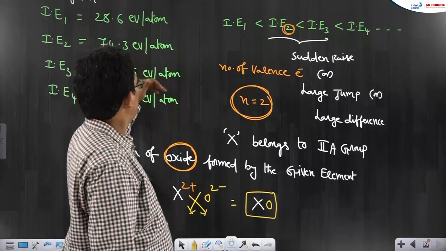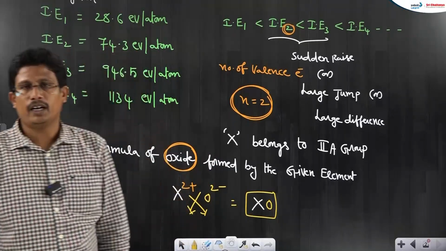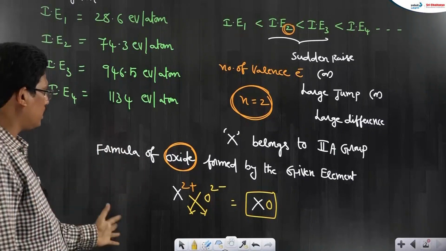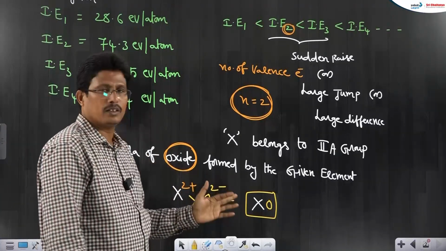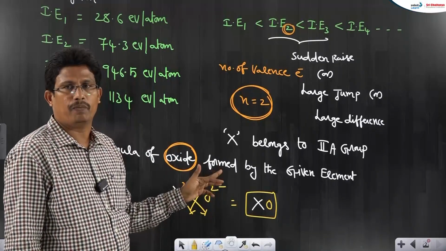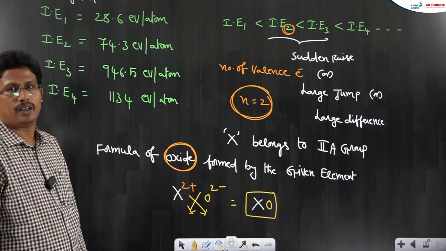By using successive ionization energy values, we will find the valency of the element. By using that valency, we will write the formulas of different compounds like oxide, phosphate, sulfate, carbonate, by using other anions.